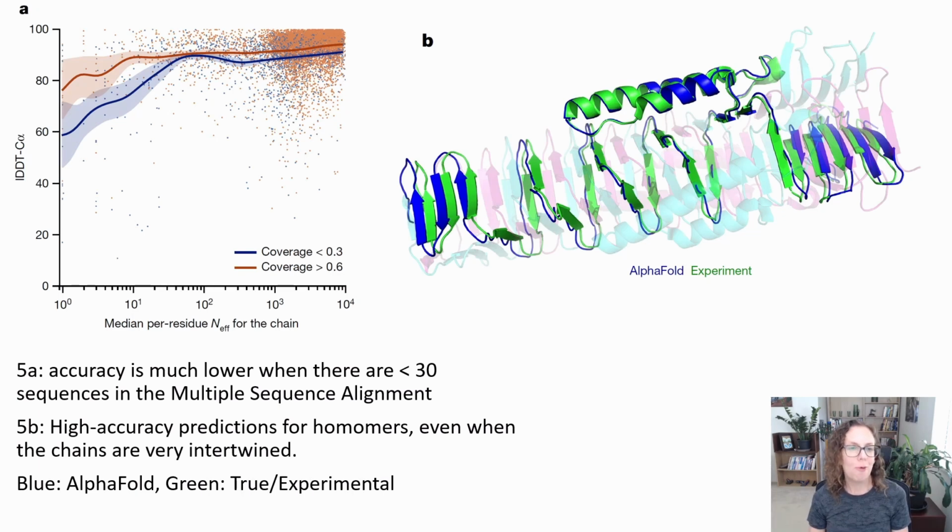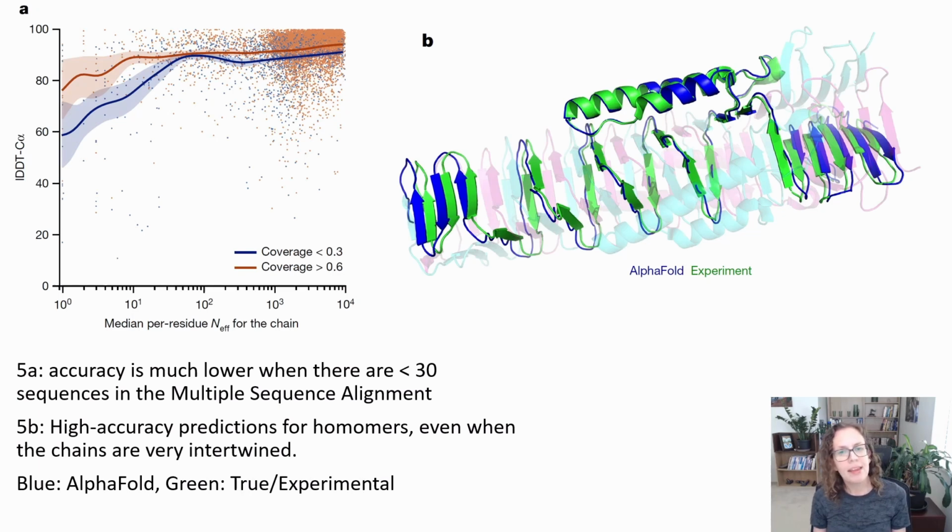However, once they got past, and so notice that the x-axis in figure 5A is on a log scale. Once they crossed about, I believe they said 100 sequences, accuracy really didn't improve that much.